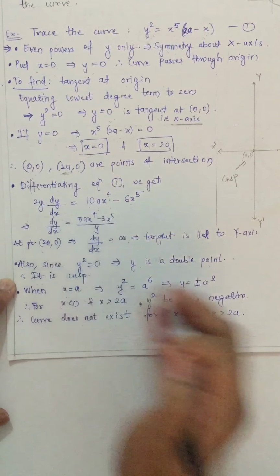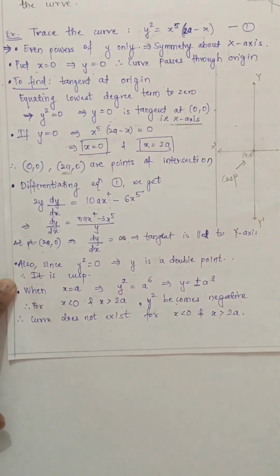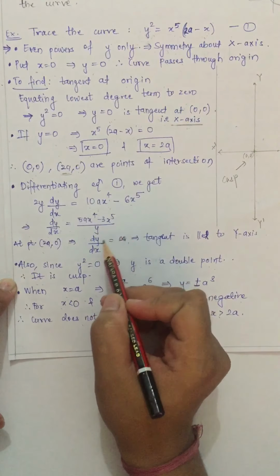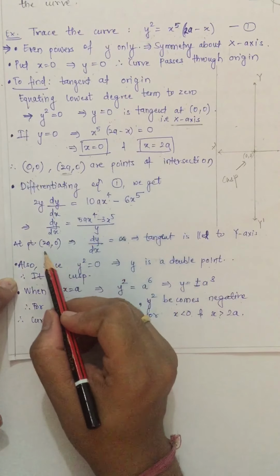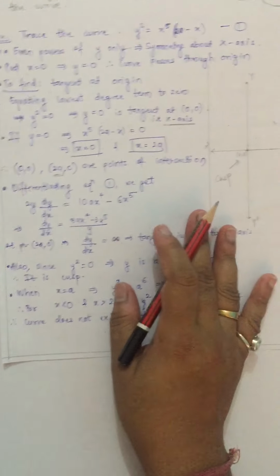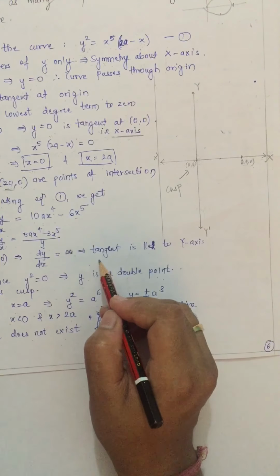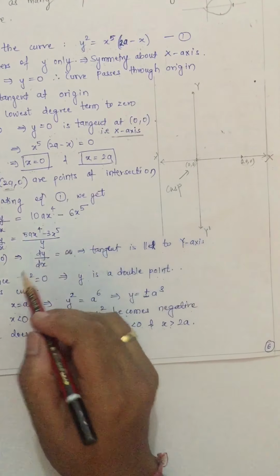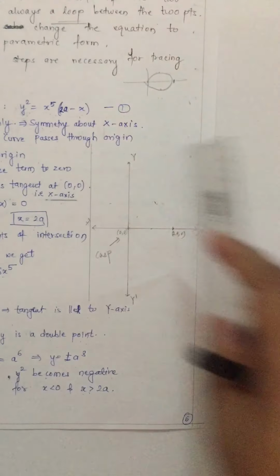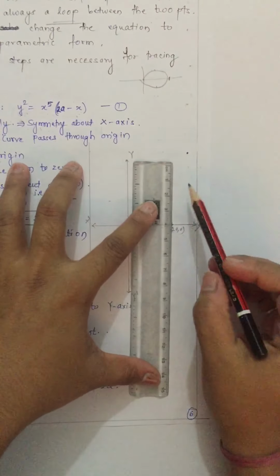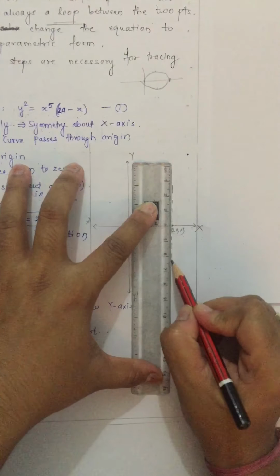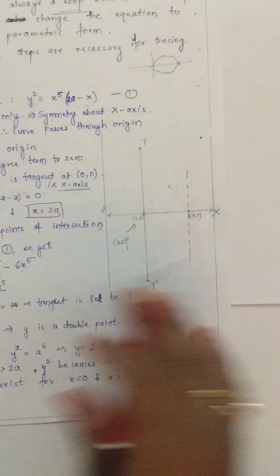Therefore dy by dx equals (5a x raised to 4 minus 3x raised to 5) upon y. At the point (2a, 0), dy by dx is infinity, which means there exists a tangent parallel to the y-axis at this point. Suppose this is the tangent.